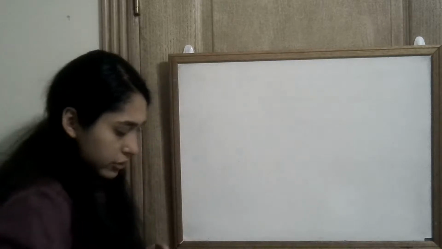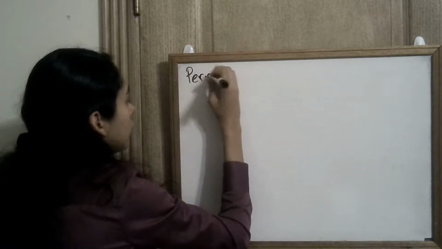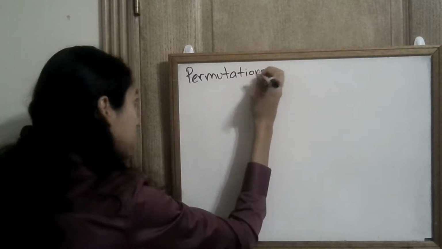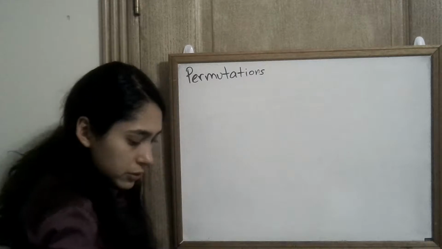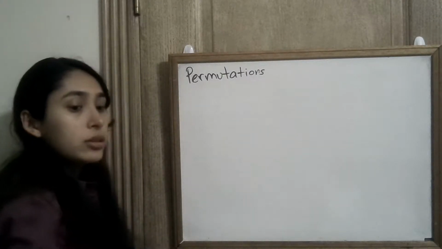So with permutations, we use them to find the number of possible outcomes where order does matter.